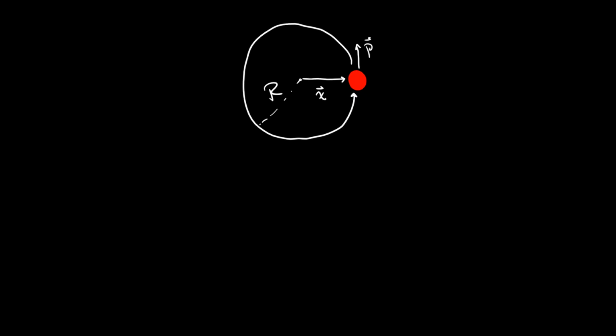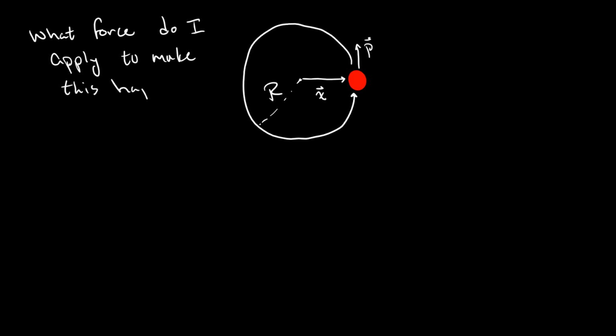Now, my question is, what force do I apply to make this happen? And for the time being, we'll just assume that it's a central force. It's a force that acts only along this position vector.